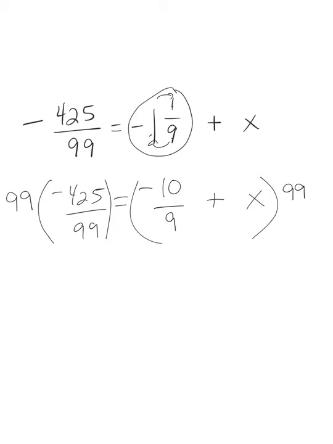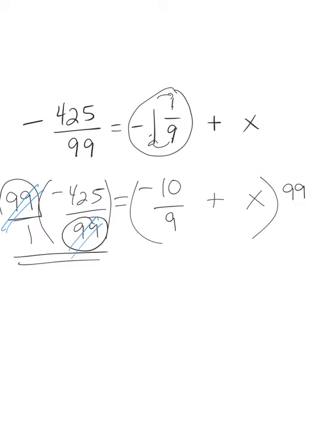Now I'm going to distribute. When you have a fraction and the numerator is the same number as the denominator, because you see 2 fractions here, they get to just cancel out and go bye-bye.